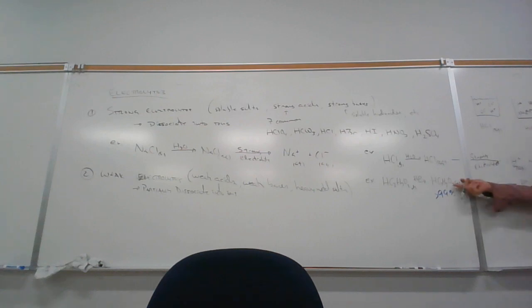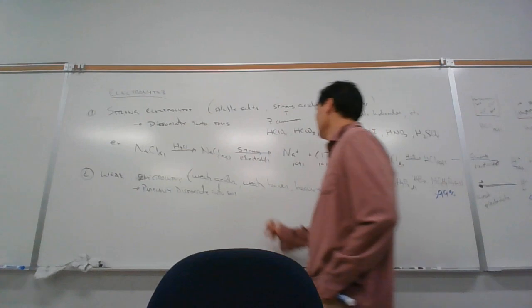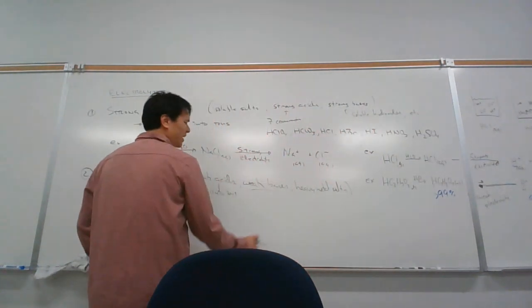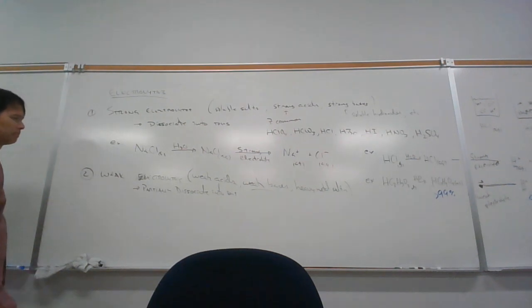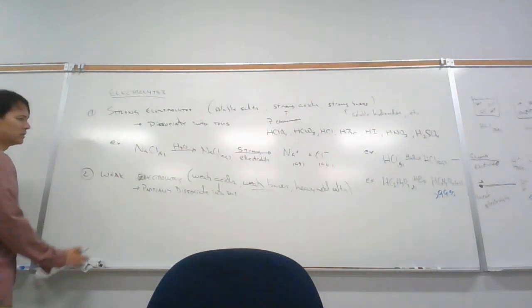There are even weaker acids than acetic acid where you barely find any free H plus. Weak bases are more complicated. Heavy metal salts we'll talk about later. They just partially dissociate.